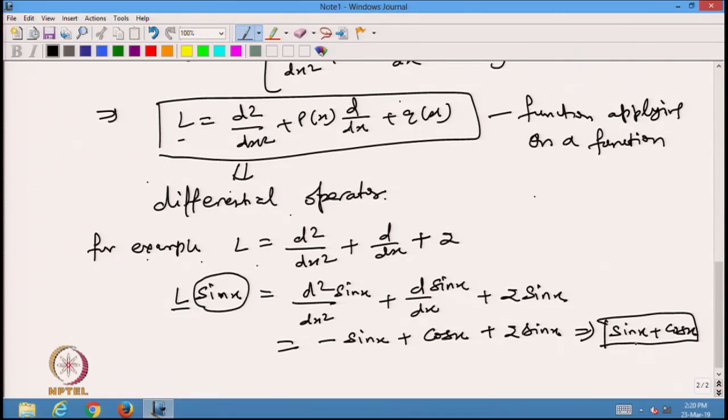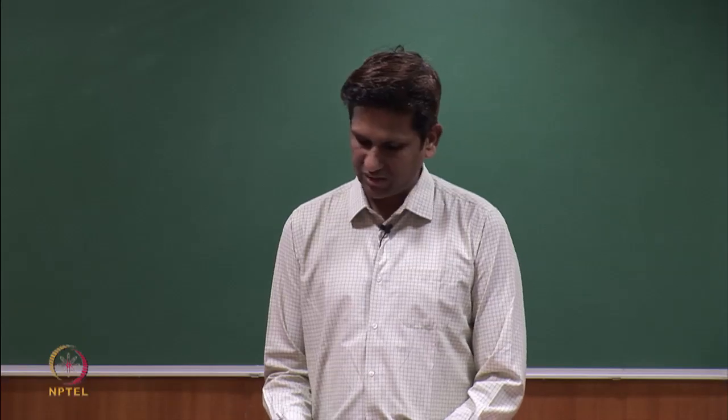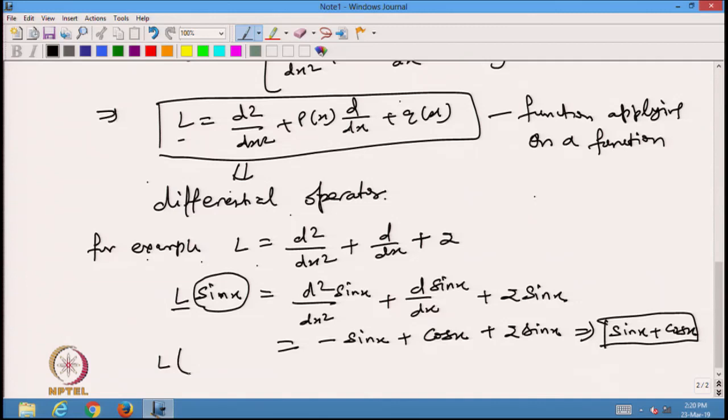So this is an operator operating on a function, and the resultant is also a function. Similarly, I can apply L on, suppose, x square. Putting the same one, I will get d square over dx square of x square plus d by dx of x square plus 2 times x square.